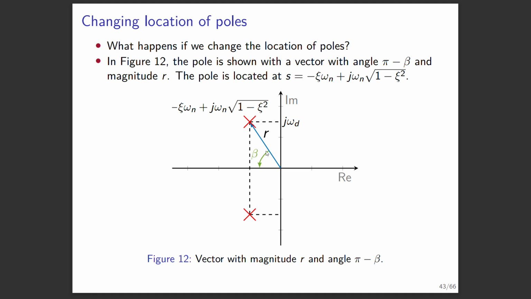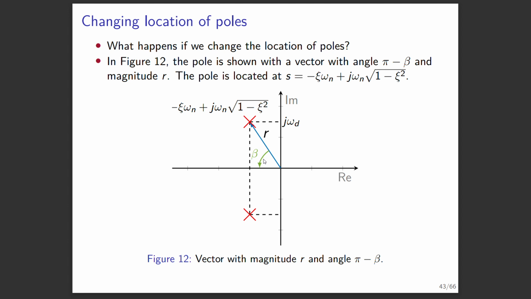Okay, how about beta? What is beta? Well, let's find cosine of this angle. Cosine of an angle is the ratio of this edge to r. What was this edge again? It's c omega n.